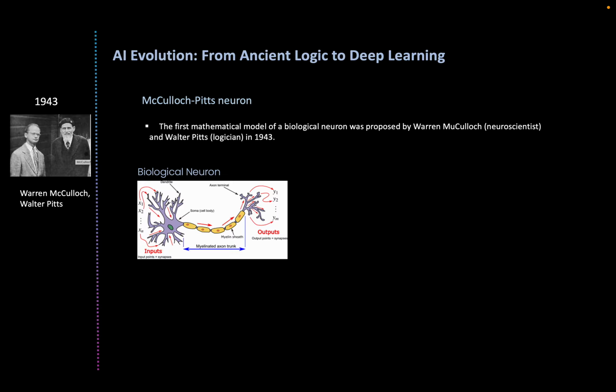If it crosses a threshold of around minus 50 millivolts, then this resting potential will activate the cell body, and it creates an action potential. This action potential opens up some kind of gates in the cell body and allows some chemical components to flow inside the cell body.